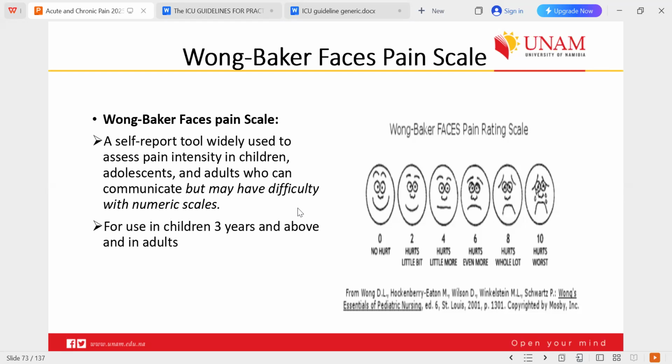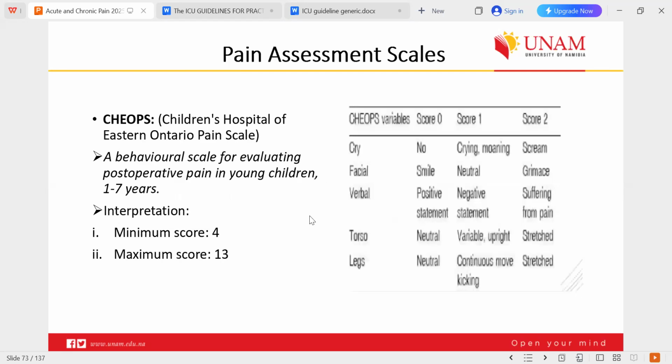Okay, so for use in children 3 years and above, and in adults, look at the face, smiling face, no hurt. 2, hurts a little. But look at 8 to 10, you can see that there are tears on the face, so it means the pain hurts the most, using your Wong-Baker FACES pain rating scale.